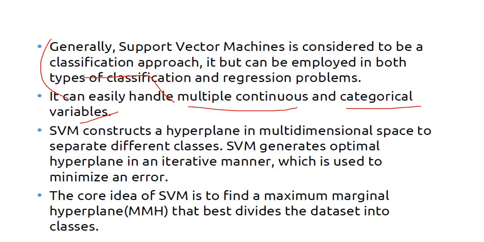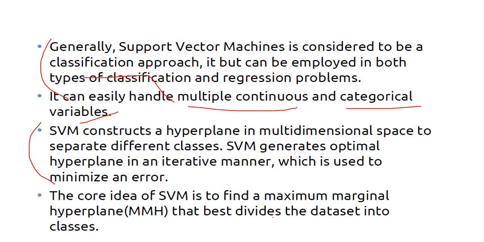Let's talk about the main working. SVM creates something called a hyperplane. We can say SVM generates a hyperplane in an iterative manner, which is used to minimize error. Now don't get scared by the word. In 2D, it's just a line. In 3D, it's a plane. Simple.